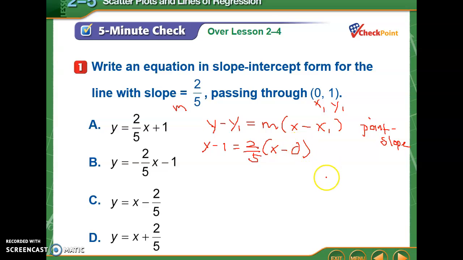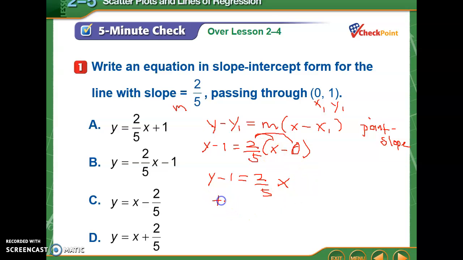Okay? Alright, so what are we going to do next? So we're going to distribute. So that will give you y minus 1 equals 2/5 x. And then this becomes 0 because you multiply 0 by the fraction 2/5, that is 0.